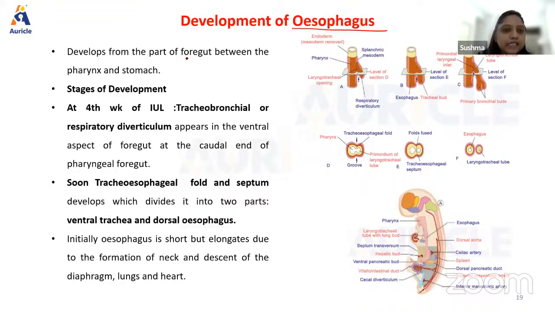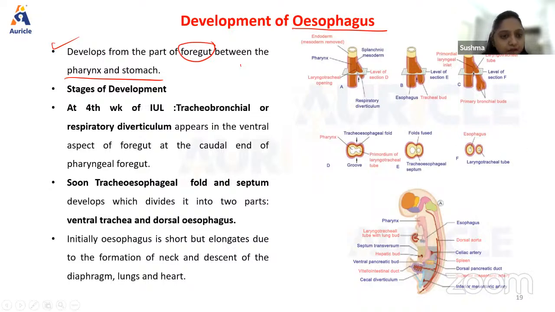Next, is it a part of foregut, midgut, or hindgut? It lies above duodenum, so it is a part of foregut. Extent of esophagus is between pharynx and stomach. Correct? This is basic, right? This should be the opening statement whenever you write. Whether it comes from foregut or midgut or hindgut, and what is the extent? These two points you have to write. They are the opening statements.